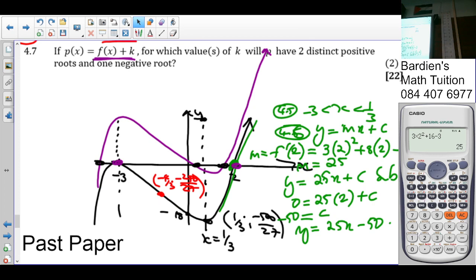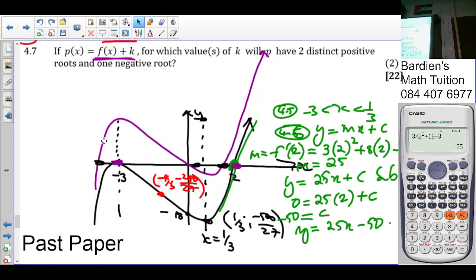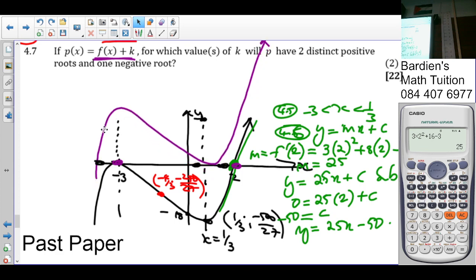So how many units did it move up to get to this point? At that point of 0, it's cutting here at 18, so I moved up 18 units. Then you move up by how many units more? It will stop there, which has to do with this turning point here.